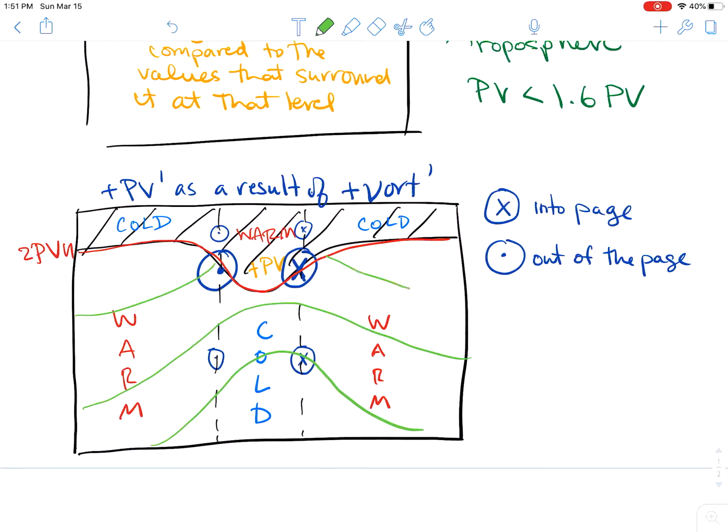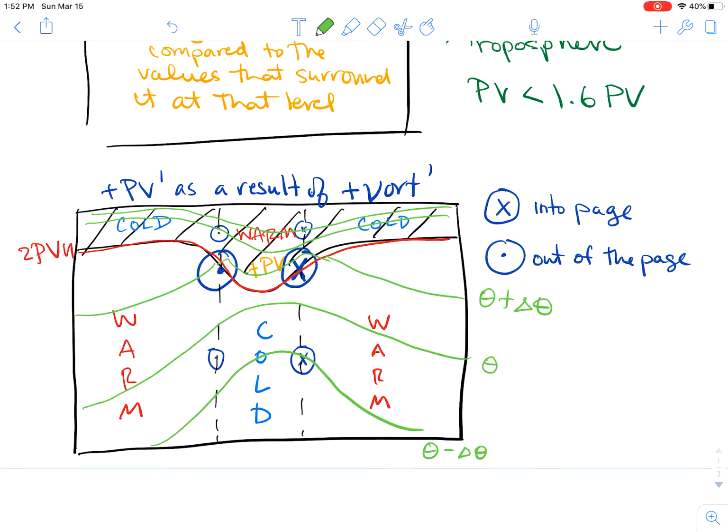Now, this is in our troposphere, and so maybe we have theta, theta minus delta theta, and theta plus delta theta, where theta is increasing with height as per usual. But within our anomaly zone here, now we have our warm, and so we're going to have warm pockets within our warm, and our cold domes and our warm pockets.